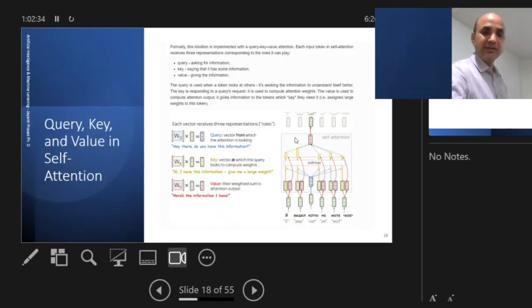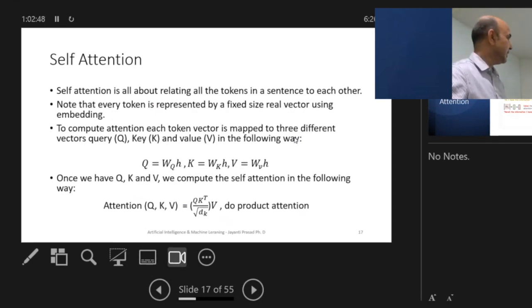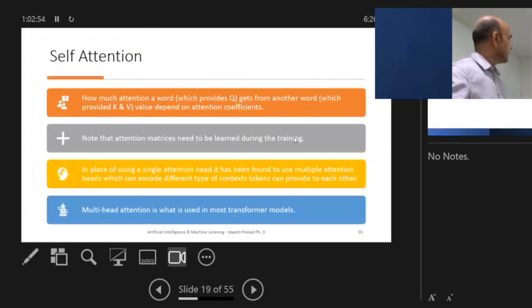If you look at the equation, Q and K, QK transpose, is a scalar product. It is divided by the dimensionality of the vector to normalize it. And then it is applied on the V, which is a vector. Note that attention matrices need to be learned during the training.